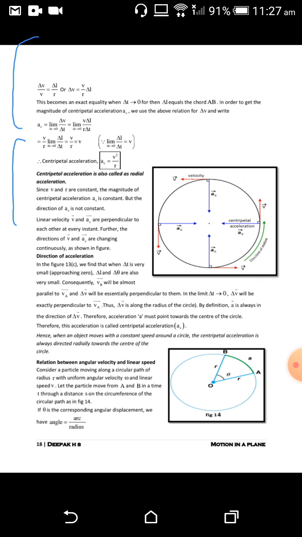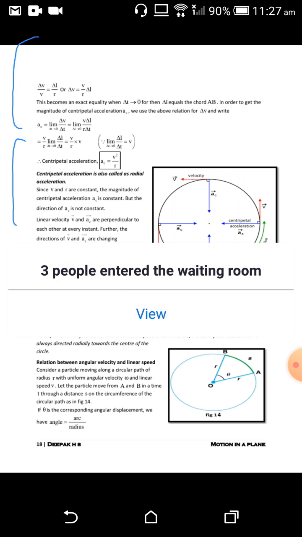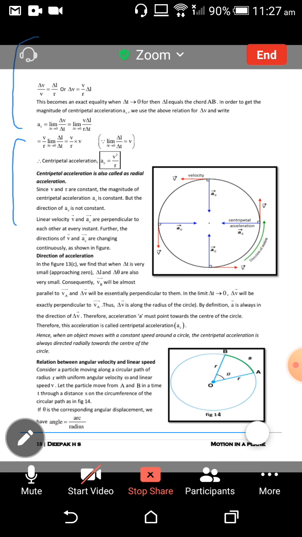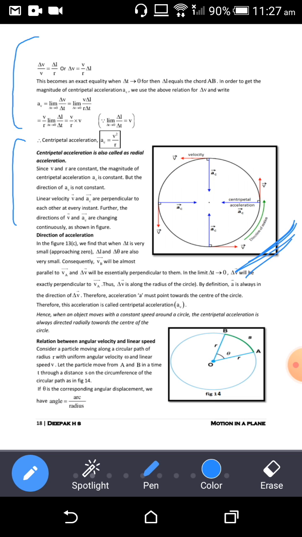Linear velocity v and vector ac are perpendicular to each other at every instant. Further, the directions of v and vector ac are changing continuously as shown in the figure. As you can see, the centripetal acceleration direction and velocity are perpendicular to each other, and the direction of centripetal acceleration is always directed towards the center.